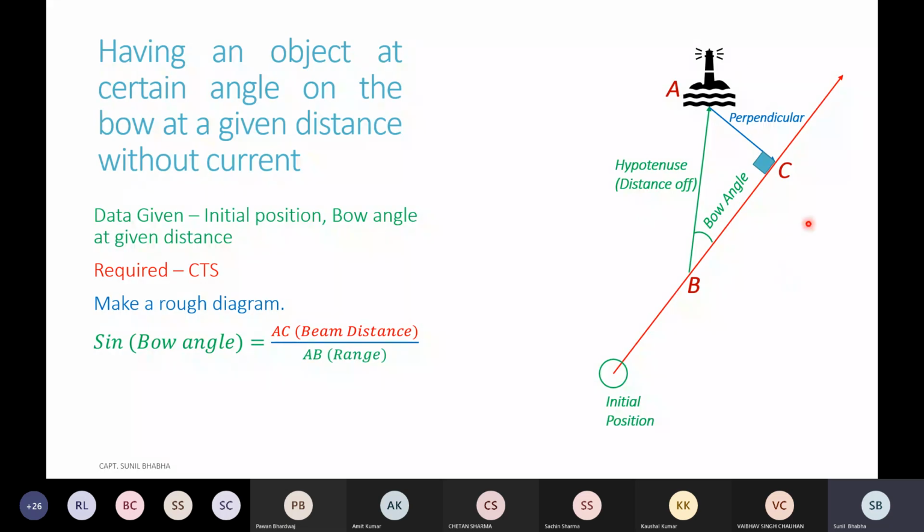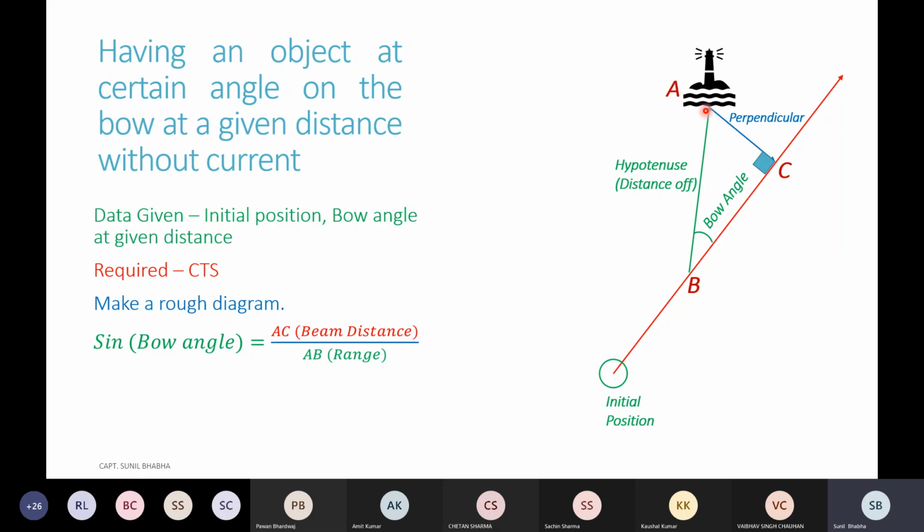Now, if you look carefully in the diagram, this side AC, Alpha Charlie, a perpendicular from the object to our course steered, is basically the beam distance of the lighthouse. You can also say it is the nearest distance of the lighthouse. In these questions, as you see, it is specifically mentioned that there is no current which is given. These questions are given to us without any current. So since there is no current, our CTS and CMG is going to be same.